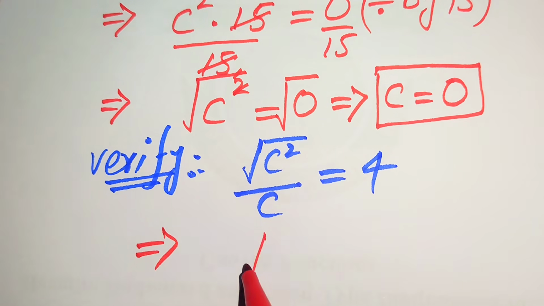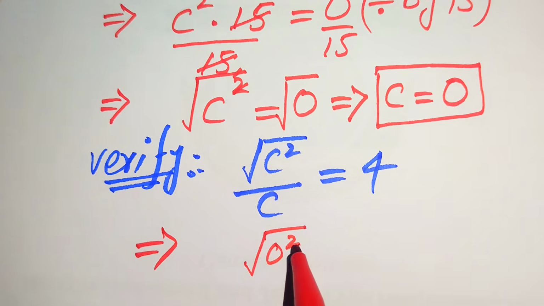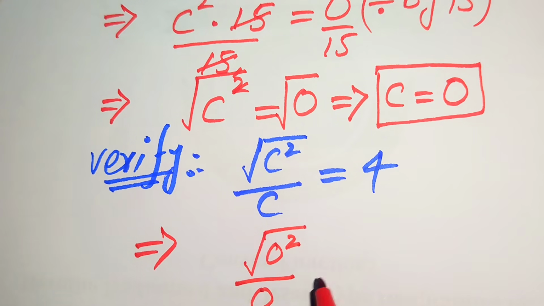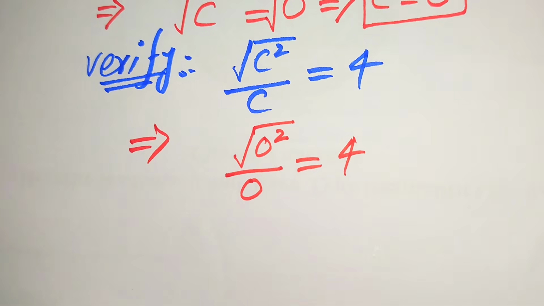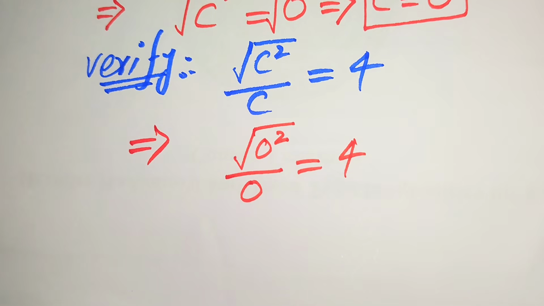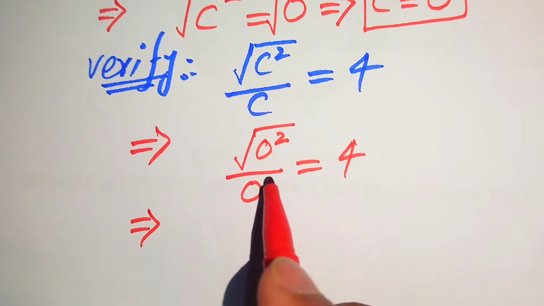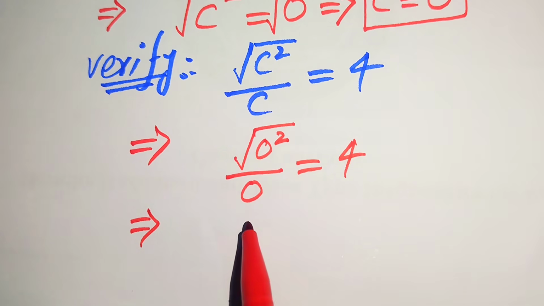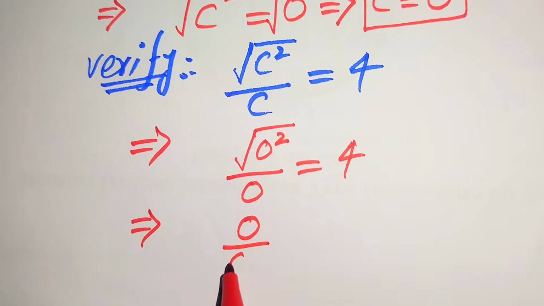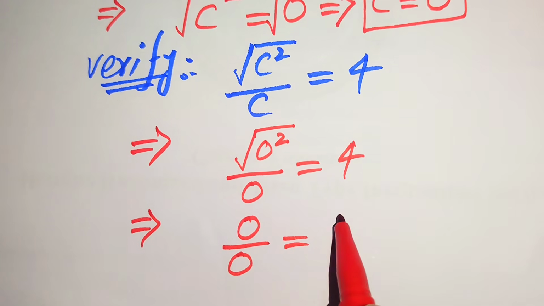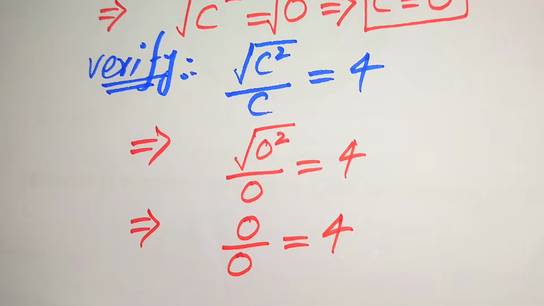When we put it here, it becomes the square root of 0 square divided by 0 is equal to 4. Now, with further simplification, 0 square becomes 0, and the square root of 0 also becomes 0, divided by 0 is equal to 4. So you see that in the left hand side we get the 0 over 0 form.